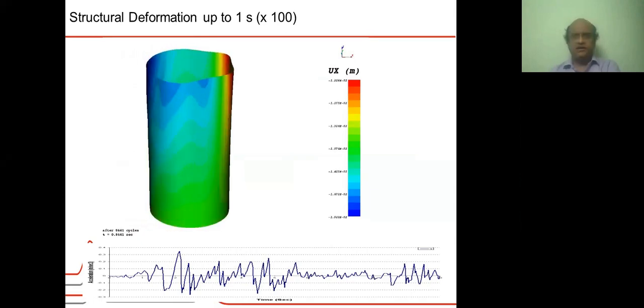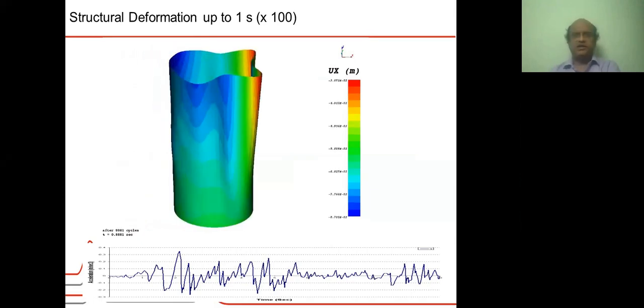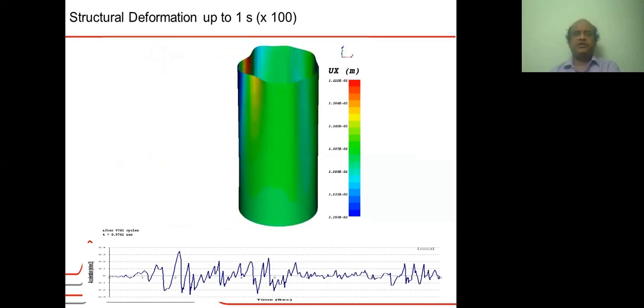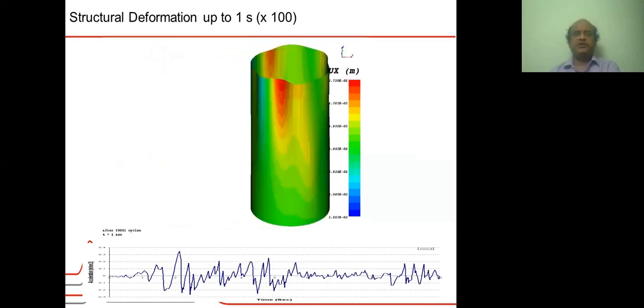Here, the seismic movement, the movement due to the earthquake, is given as boundary conditions or accelerations to the nodes of the structure at the bottom. And that structural movement transfers the movement to the fluid and its interface also, which I had shown in one of the previous slides, so the free surface also oscillates.